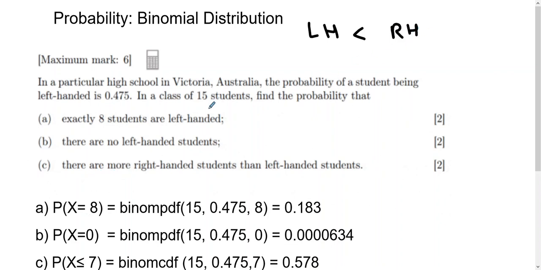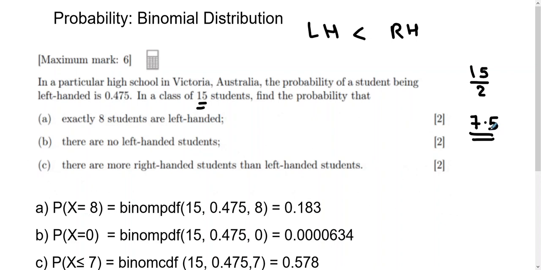Okay, now there are 15 students in the classroom. So if there were to be an equal number of left-handed and right-handed, I'm just doing it roughly here, 15 divided by 2 would give me 7.5. Now obviously these are numbers of students, so you can't have 7.5 students.